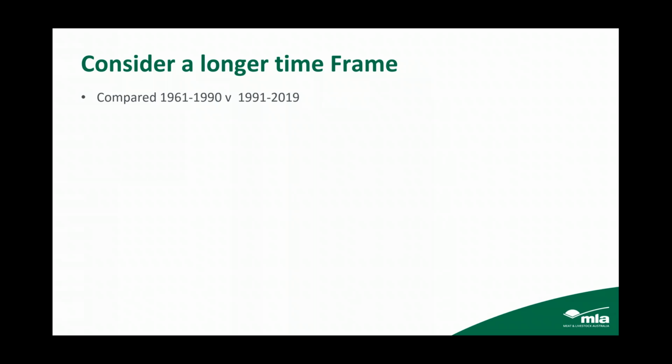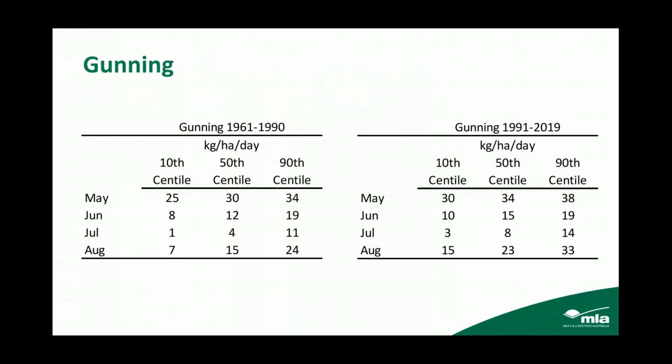We're talking largely about that temperature-limited time in winter, and this happens. Now, I'm going to show you one for each of those sites, but here on the left-hand side we've got Gunning. We've run our tactical grass grow analysis from 61 to 90 here. We have exactly what you just saw, those 4 months, May to August.